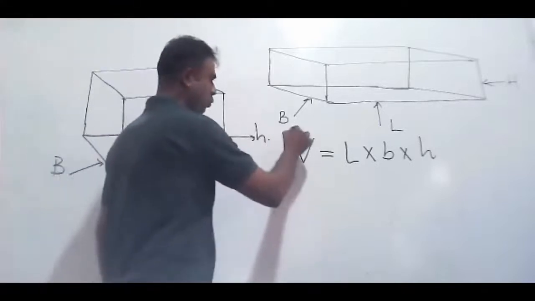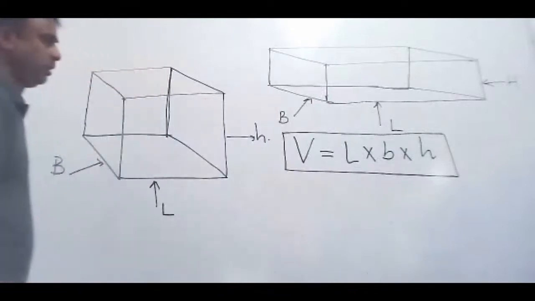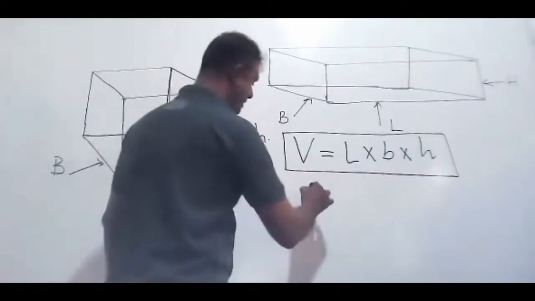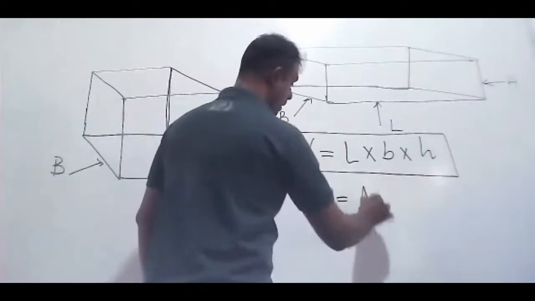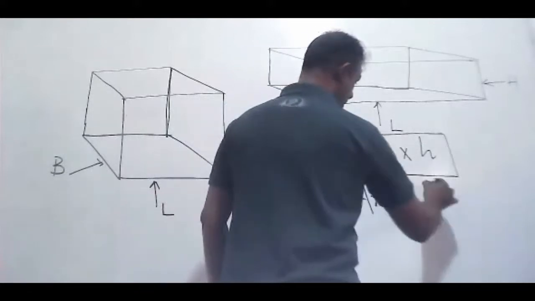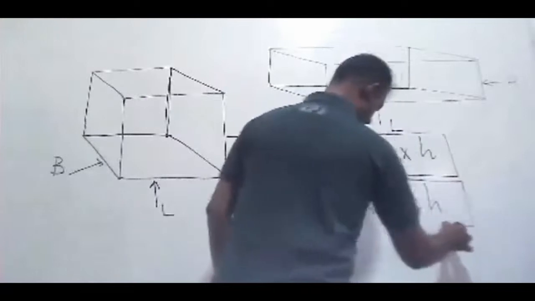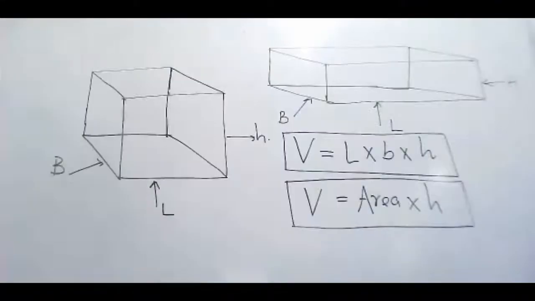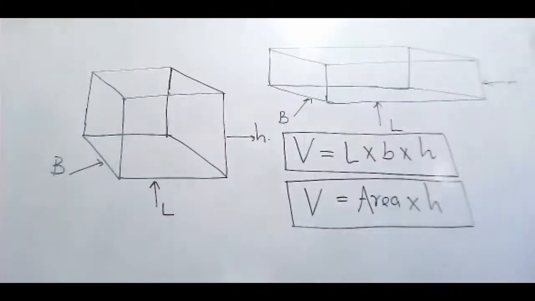So that is one formula. The other formula is volume equals area multiplied by height. These are the main two formulas to calculate the volume of the cube and cuboid.